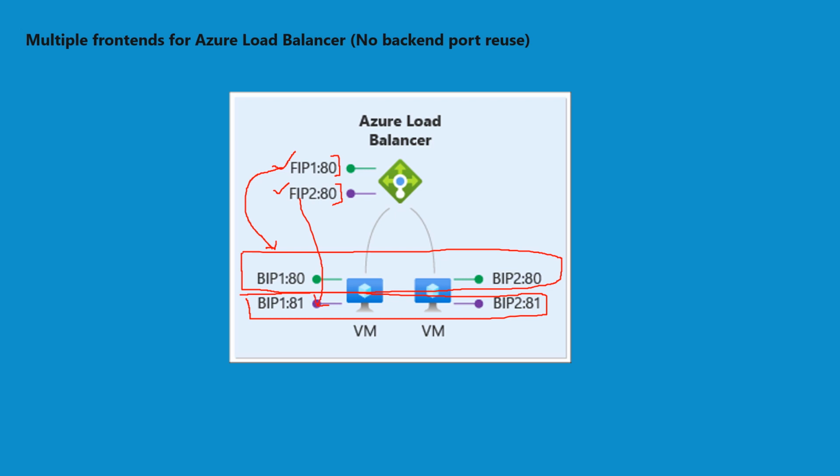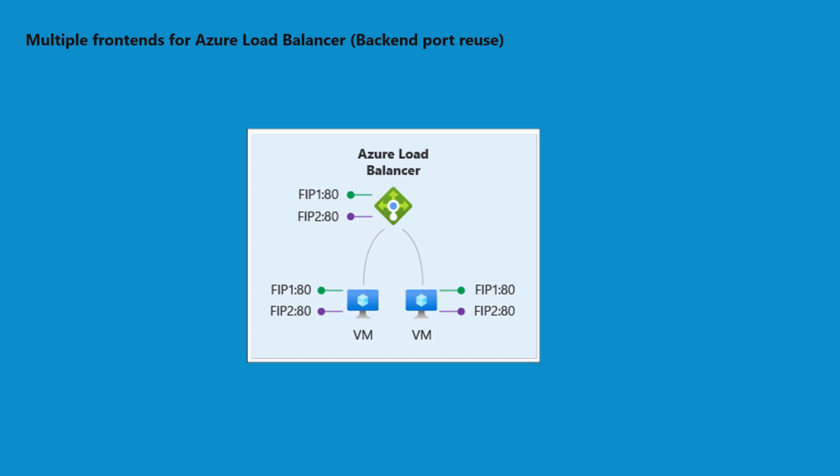And this is a very, very usual topology that we have seen. The default rule for the load balancer is not to reuse your backend ports. And that can be solved with the floating IP address when there is a need, depending on the way you design your application and you want to reuse your backend ports.